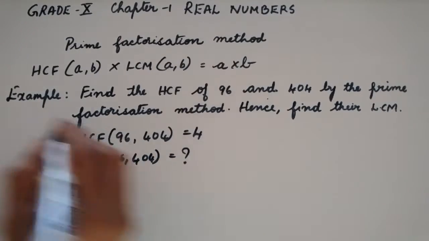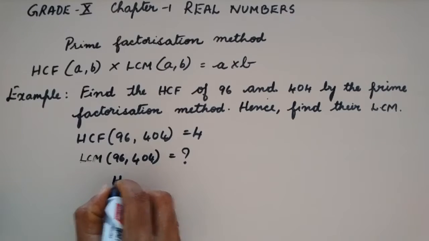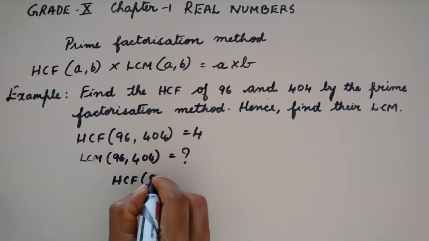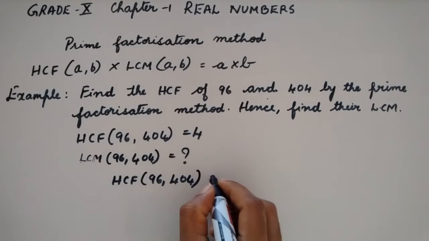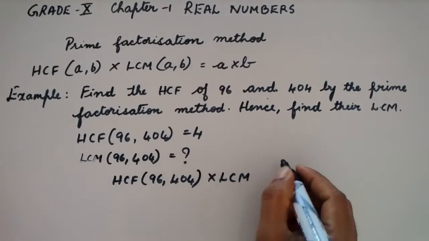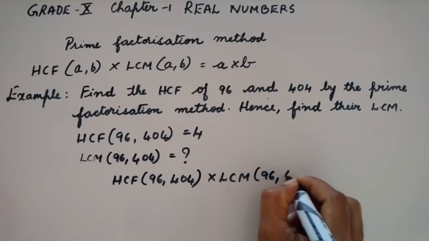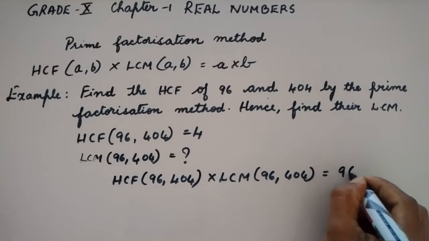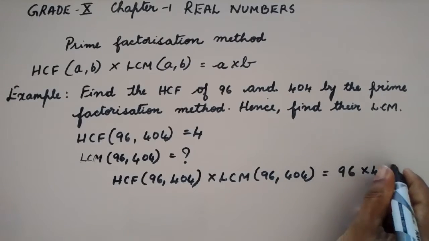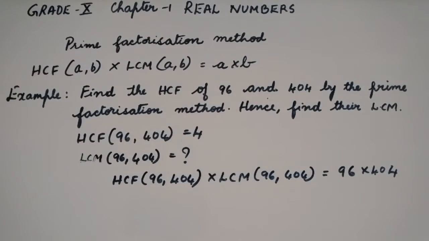Okay, so let us write this: HCF of 96, 404 into LCM of 96, 404 is equal to 96 into 404.